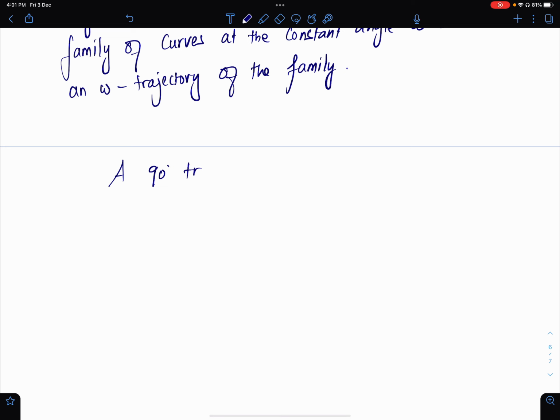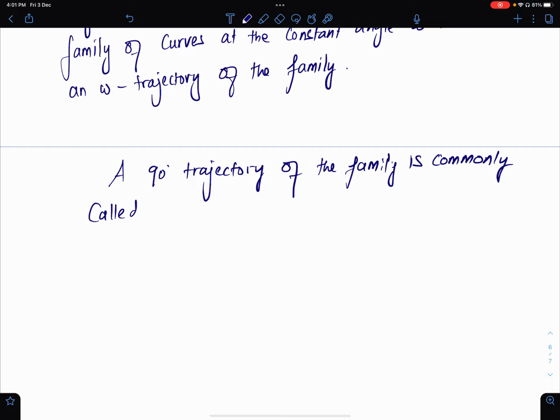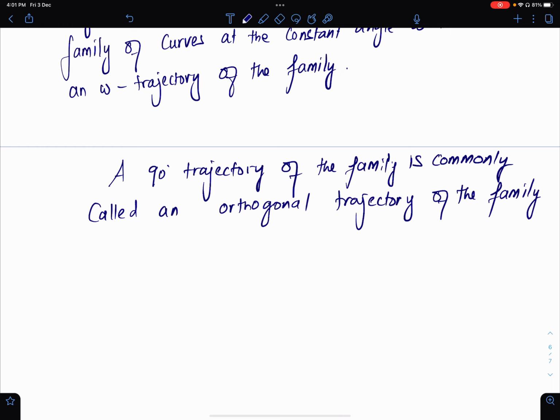In other words, a 90-degree trajectory of the family is commonly called an orthogonal trajectory of the family. So I give some example. After that, you will understand it very clearly.